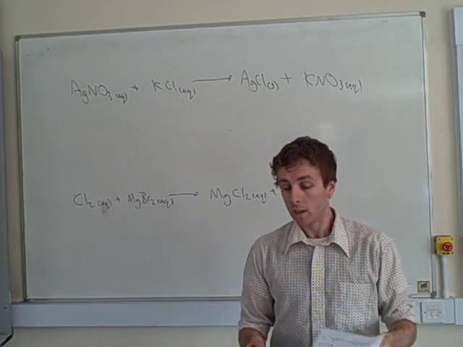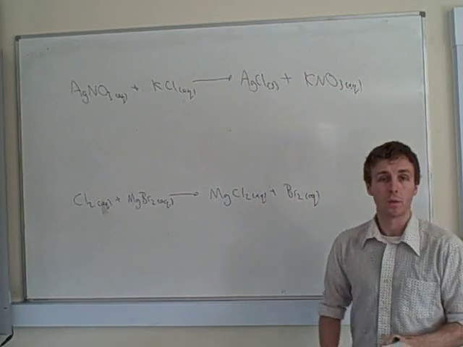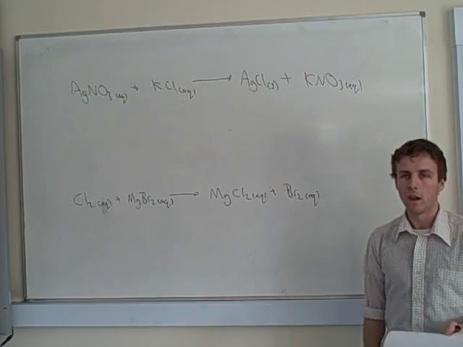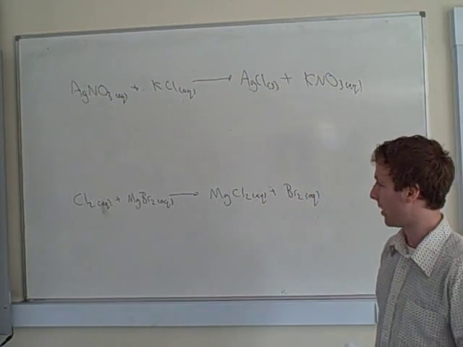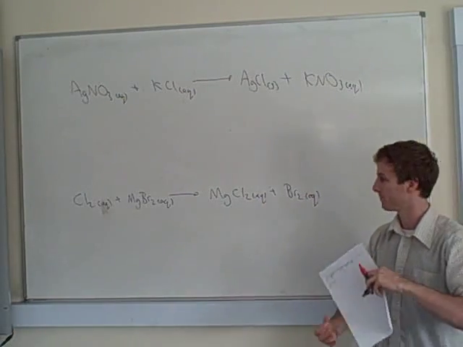Okay, that's our second one. So again, if you want to stop the video now, have a quick go at these two. They're not harder, but there's maybe something which might trip you up. Once you've done that, restart it and I'll go through it.